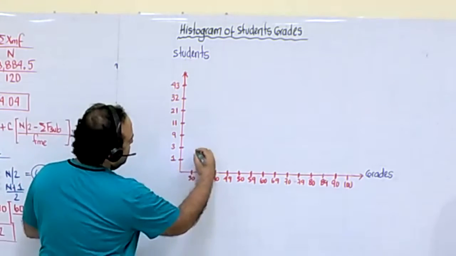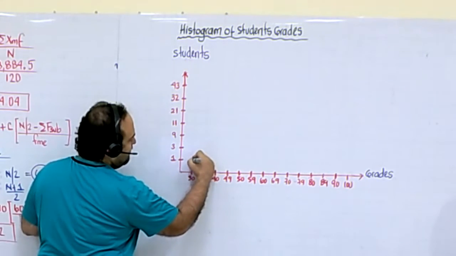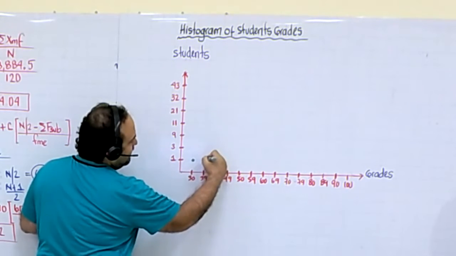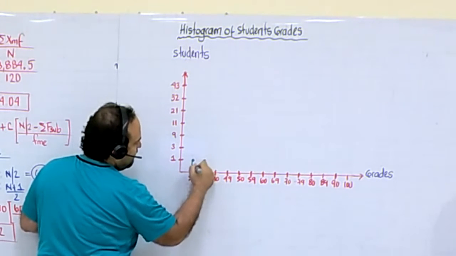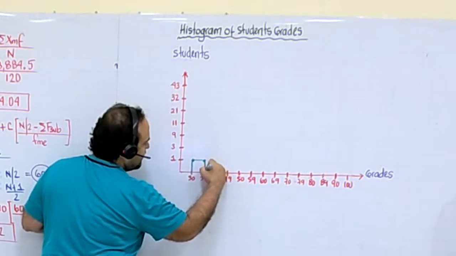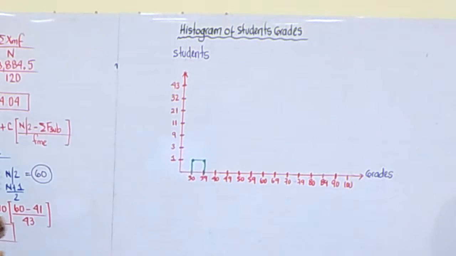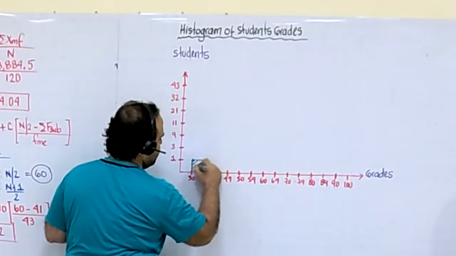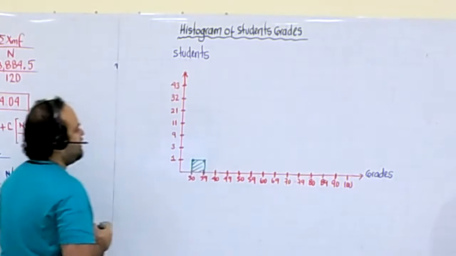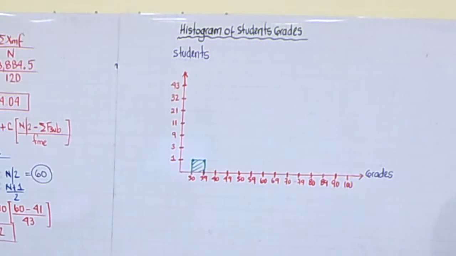So the intersection point will be located over here, because it's 30 and 1. I'm going to draw these two points and construct the first bar. And this is going to be the green one. You can choose another marker. I'm going to use the blue one.